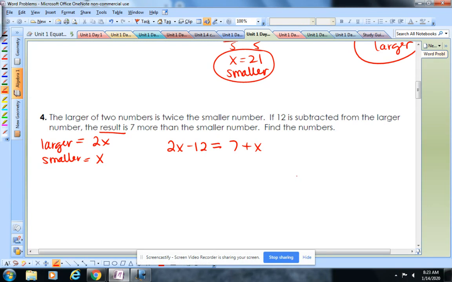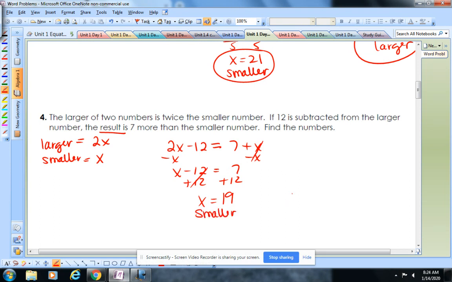So how do we solve for x? Subtract 1x. 2x minus x is what? Minus 12 equals 7. And then what? Okay. So x is going to be 7 plus 12, which is? I miscopied, right? Sorry, I miscopied. So x is 19, and that's the smaller number, isn't it?